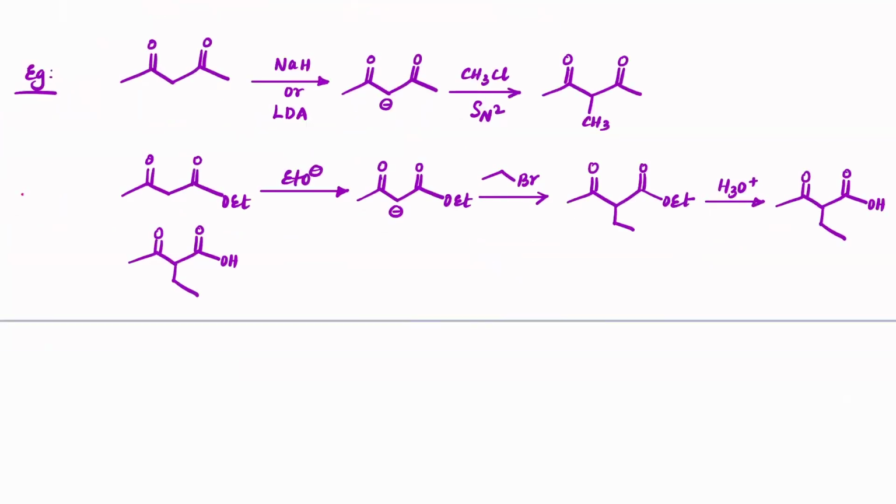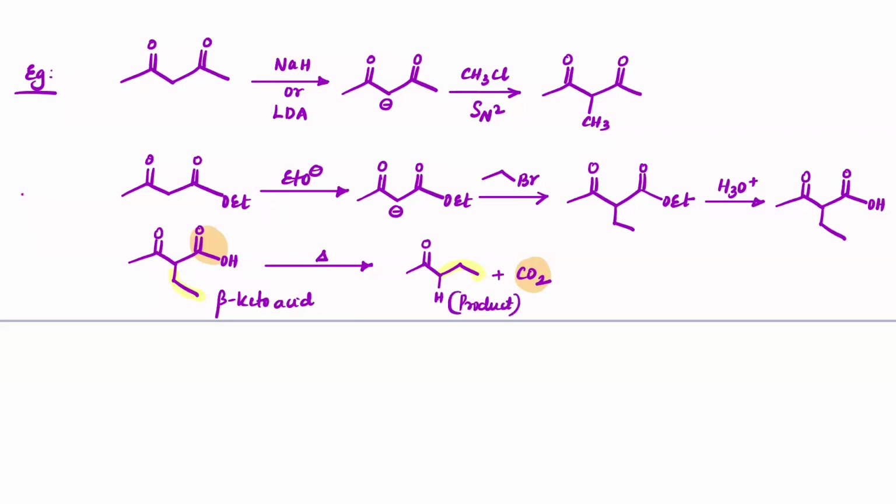And if you may recall, beta keto acids on heating, just on heating, undergo decarboxylation this way. And you'll get hydrogen here and CO2. So this part is the ethyl part, and this CO2 has gone out, that is released. So this is the product we will report.